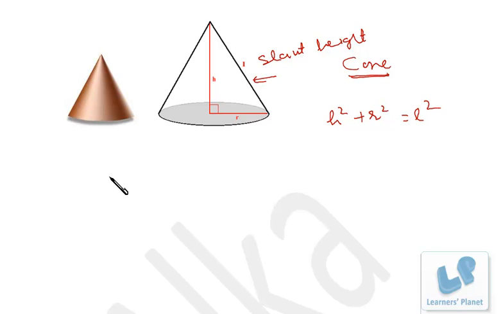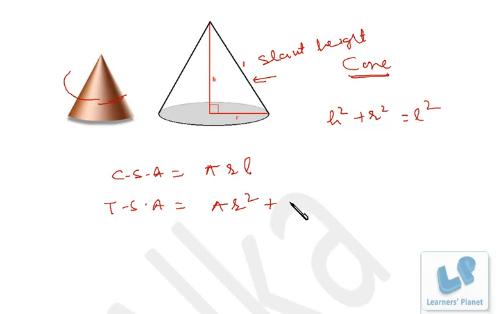Now the curved surface area is pi r l, right? l is slant height over here, and that is the area of this surface, right? And bottom is definitely circular, so the total surface area is pi r square, that is the area of this circle, plus curved surface area, or we can say pi r times r plus l, right? So that is the total surface area of a cone.